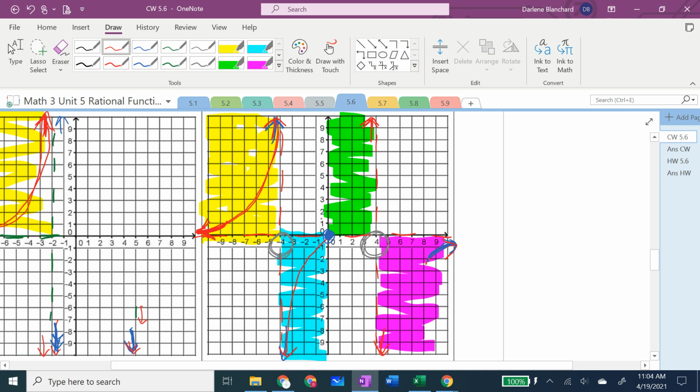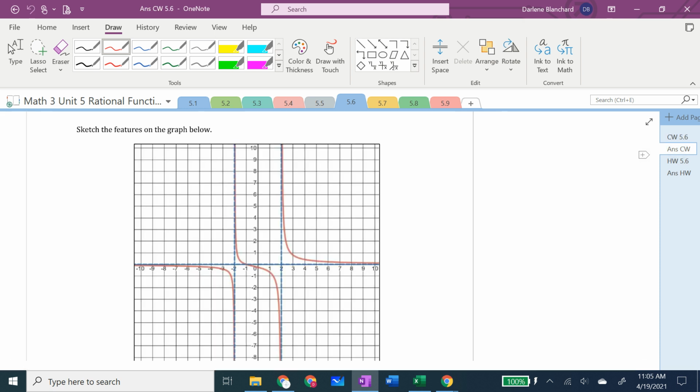And then in the green section, from that x-intercept, I have to head up the asymptote. In the far right section, in the pink, about all I know is this much without plotting points. I don't expect you to plot points. I just expect you to know the approximate location of the graph. And that right there is good enough. Let me show you the answers.